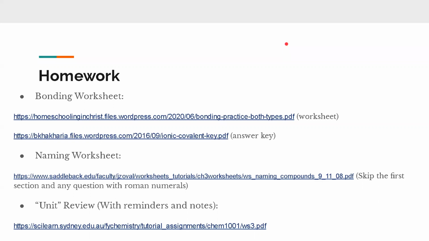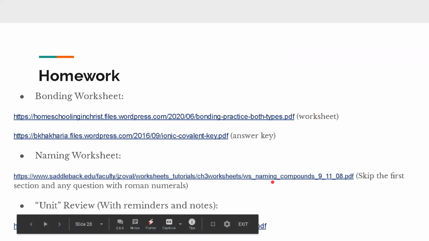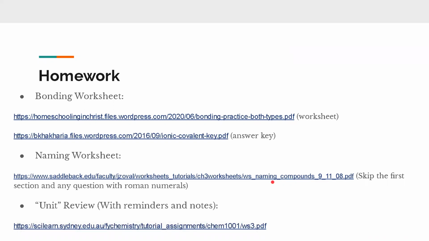But here's the bonding worksheet, and then there's an answer key linked right here. The naming worksheet is right here. You can skip the first section because it has Roman numerals, and we haven't talked about that yet. The answers should be on the next page. And then here's a unit review with reminders and notes and how to do things. It's got Lewis dot diagrams, valence electron stuff, bonding, naming, all that good stuff.